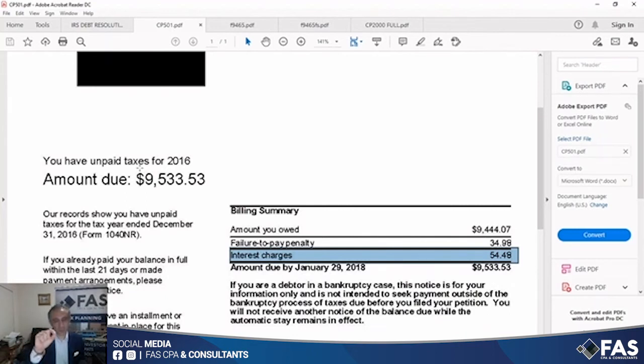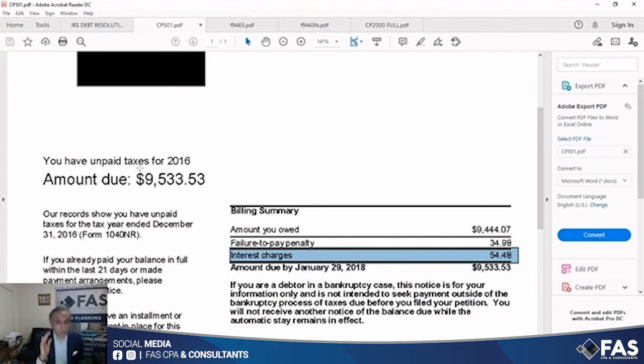There is one line for groceries, one line for rent, one line for each of the expenses, for electricity, internet. There is one average amount that the IRS has created for each one of the categories in a personal budget, which increases the bar for acceptance of the offer in compromise.